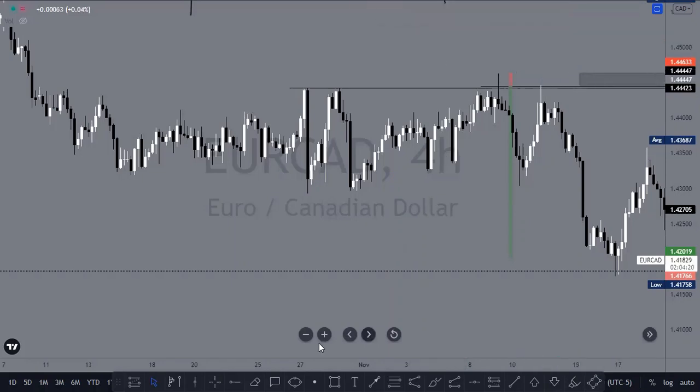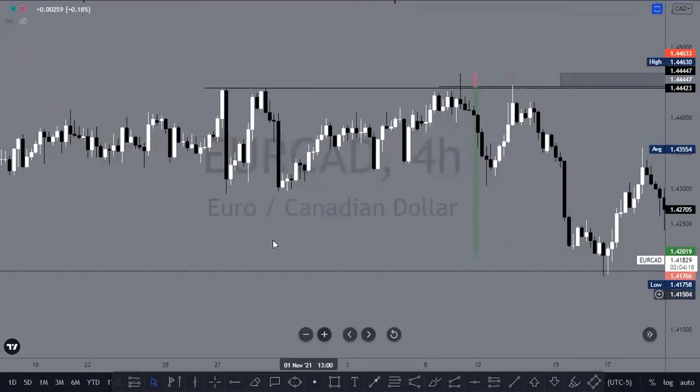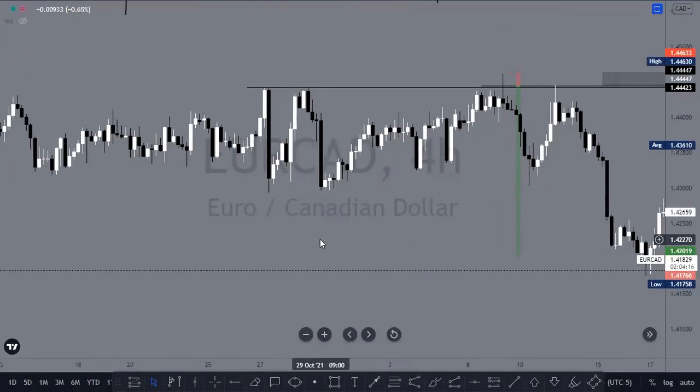Right, so why is it very important to understand this Wyckoff schematic? You can see that here there was this order block, and this order block was valid because it helped the market to break the structure.